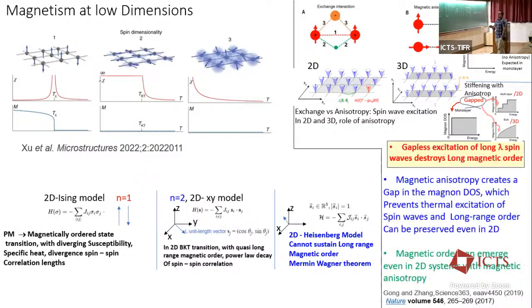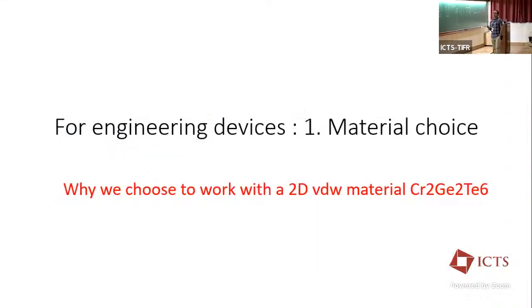That anisotropy is very important in these 2D systems in which magnetic order can emerge, and we can study some of this magnetic order. So for engineering some of these devices, you really have to cleave these systems and bring them to the 2D limit.